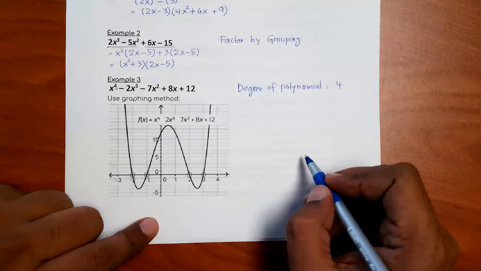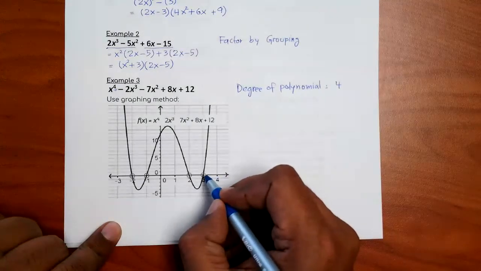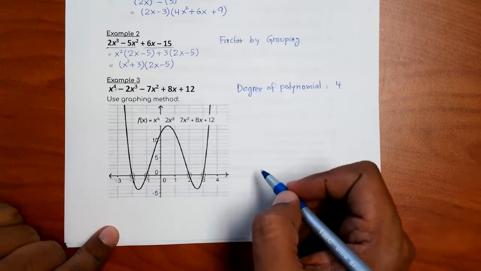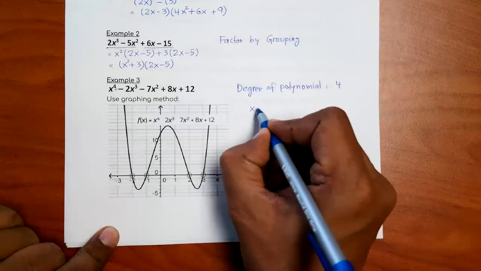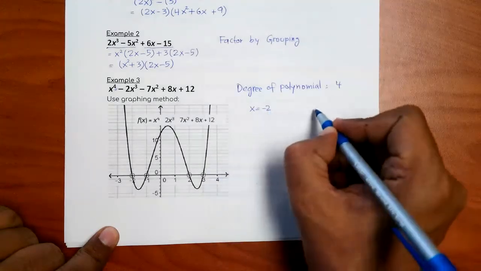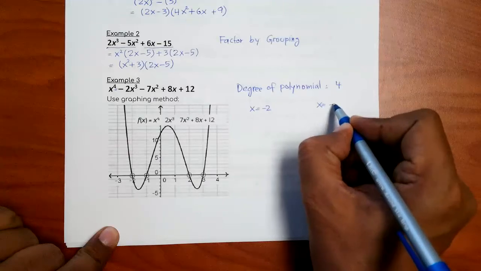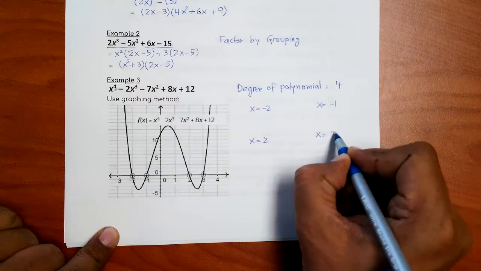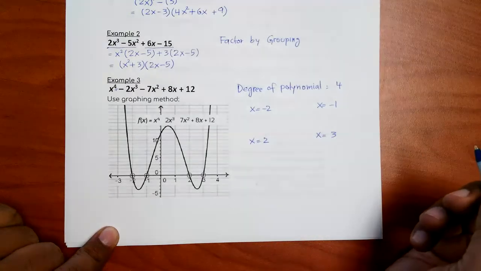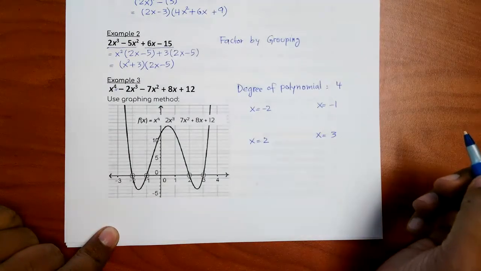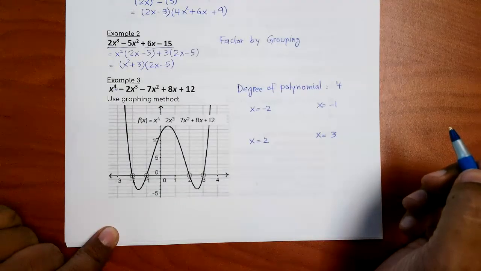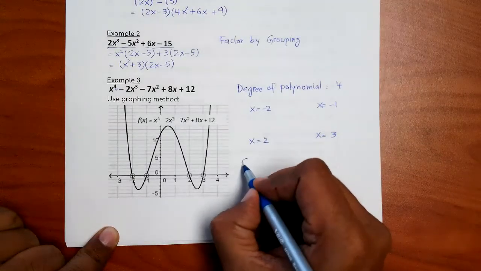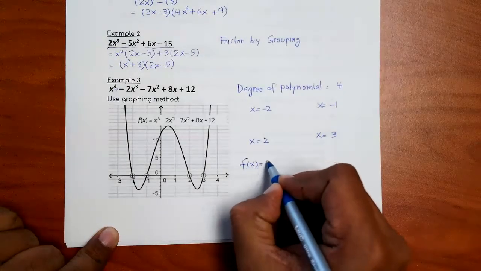Next, when we graph it, we look at the points where the function crosses the x-axis. So when we do that, we notice that we have x as negative 2, x as negative 1, x as 2, and x as 3. These are the values of x that when I insert into my polynomial, I will get a 0 output. So f of x will be 0.